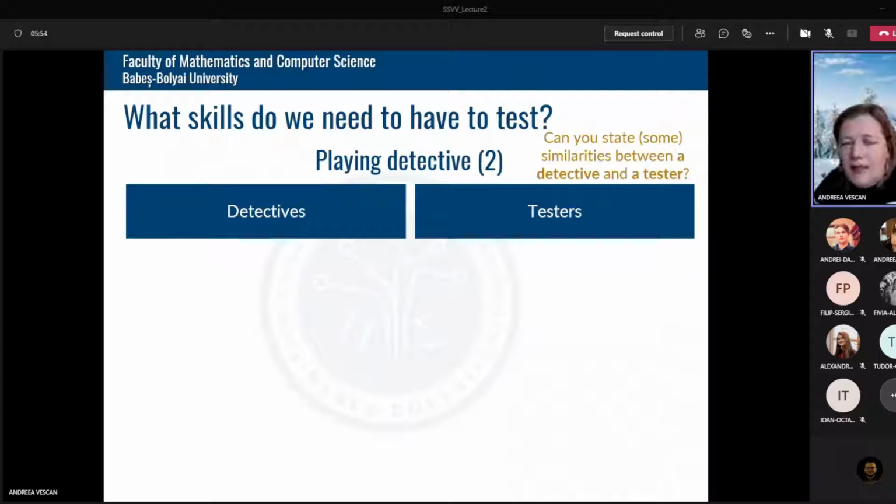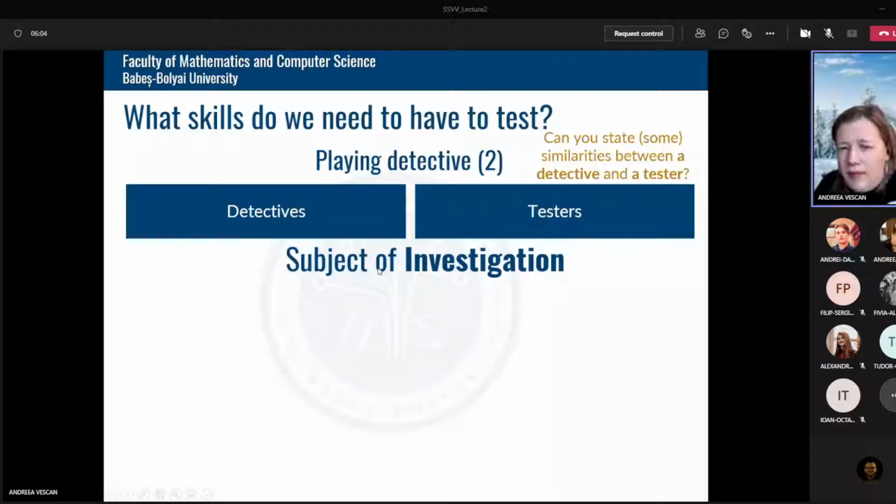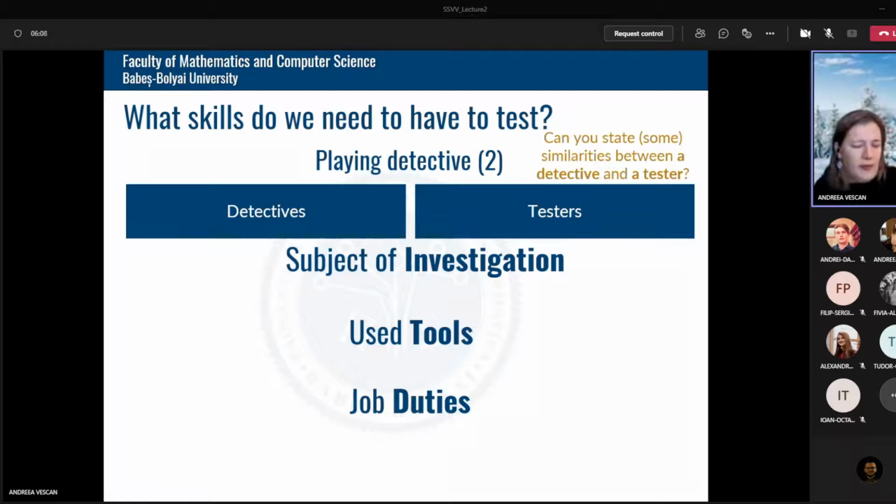So let's think about whether you can state some similarities or maybe even differences between a detective and a tester. We will think in terms of the subject of investigation, the tools used, and duties. So anyone can chime in.